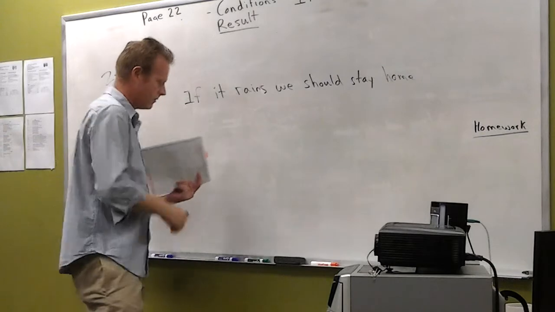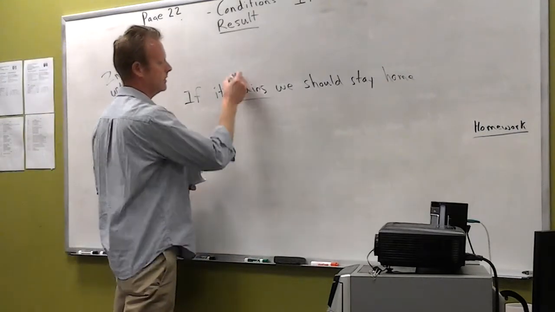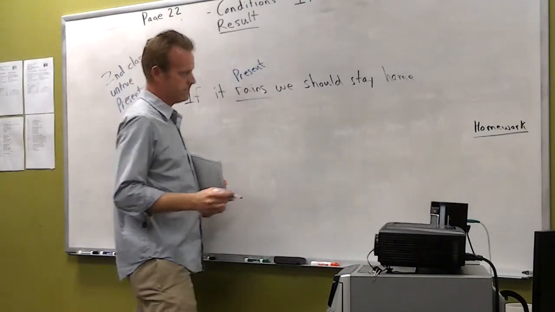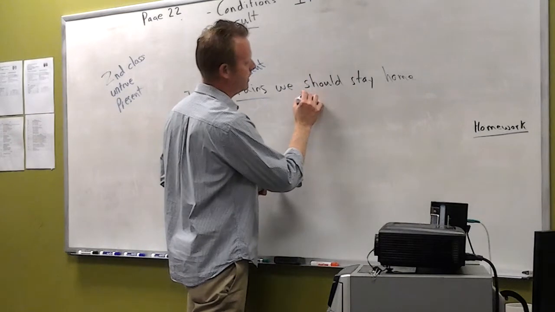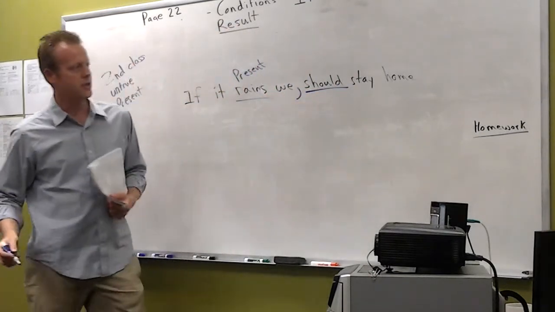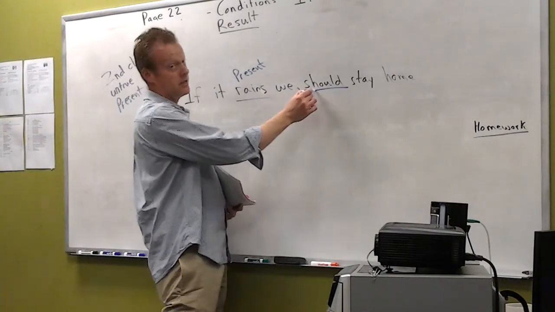All right, now in the if clause, what tense is it? Present. Yeah, it's just present. Use it with the modal. And what they're showing you here in the result clause, right? Here, comma, should stay home. It's actually a past modal.